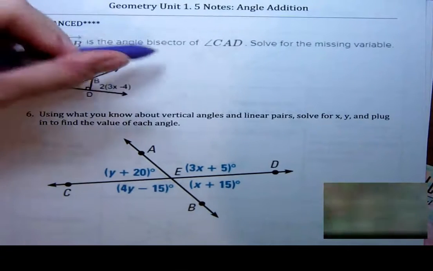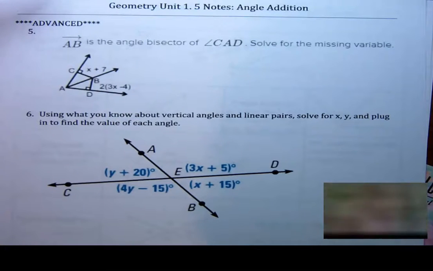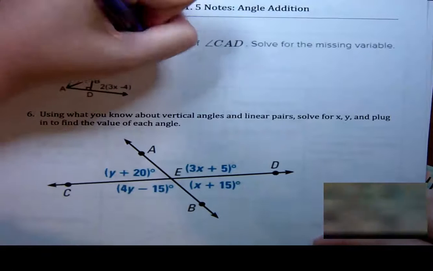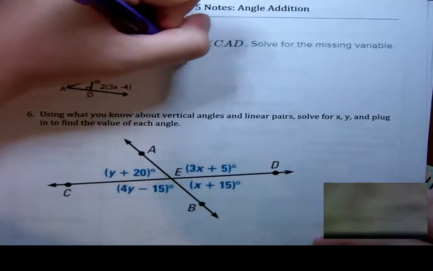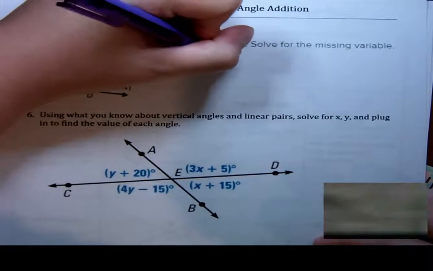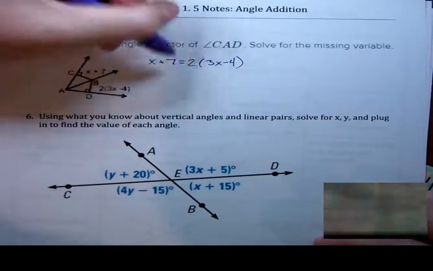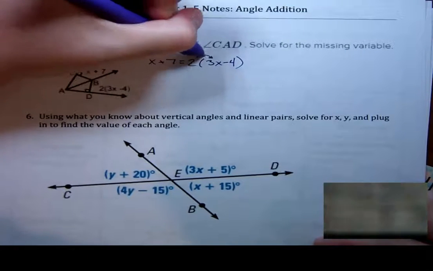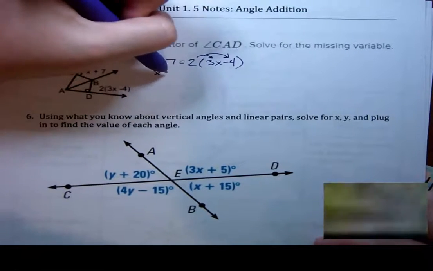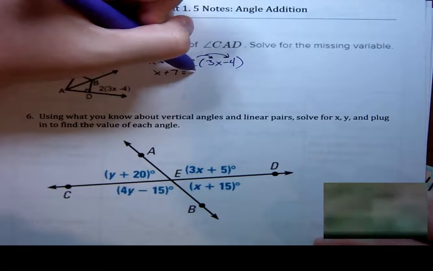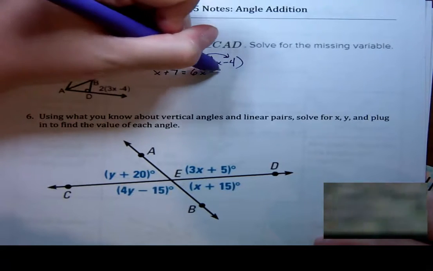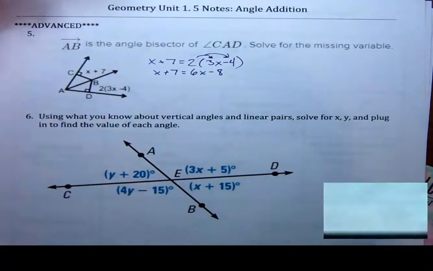Okay, it talks about AB is the angle bisector of CAD. Solve for the missing variable. We're going to set equal 2 times 3x minus 4. We're going to distribute. x plus 7 equals 6x minus 8.